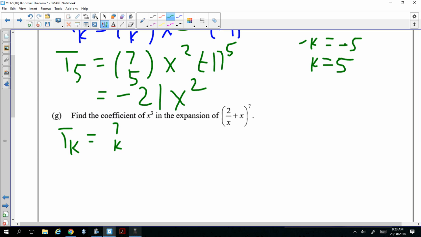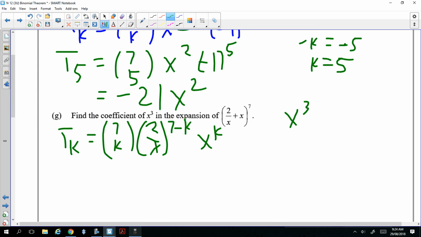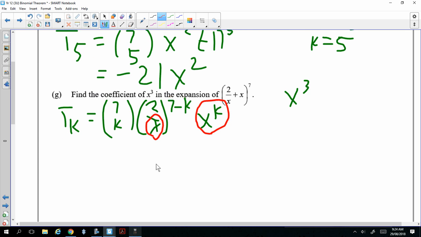Now you want x cubed, but be careful, k is not 3 because there is interaction between this x and this x. So you have to do some work. This is more like an exam style question. So let's simplify this. You write 2 to the power of 7 minus k, over x to the power of 7 minus k, x to the power of k. So that's the first step.